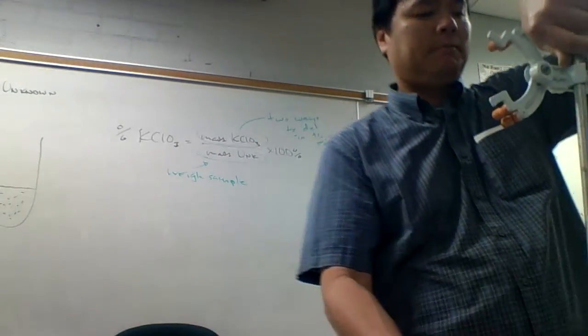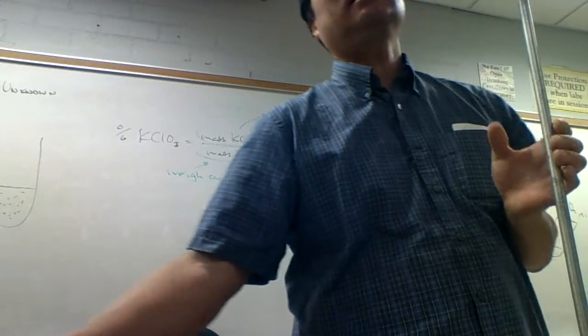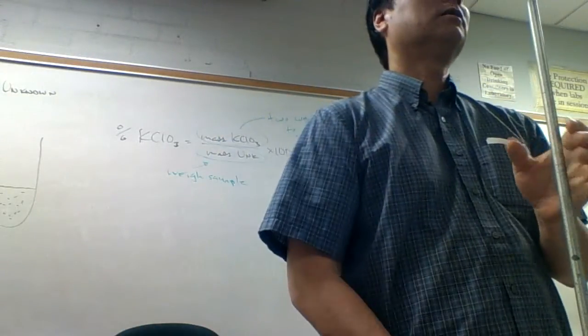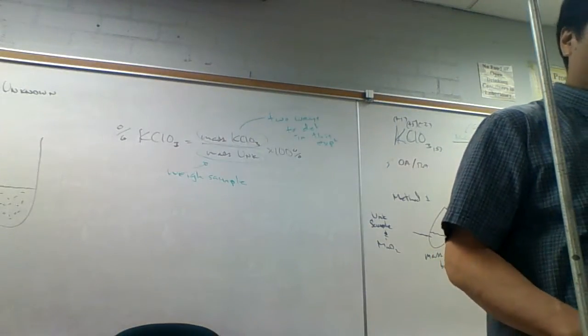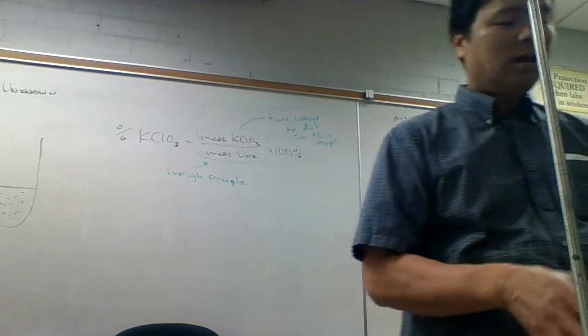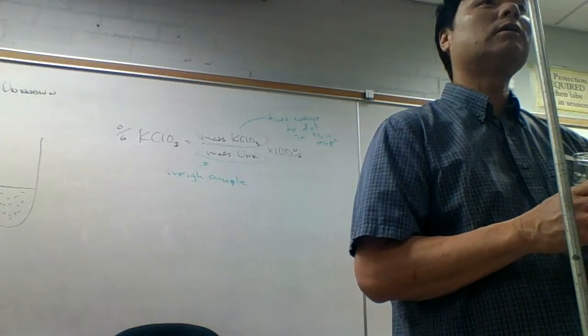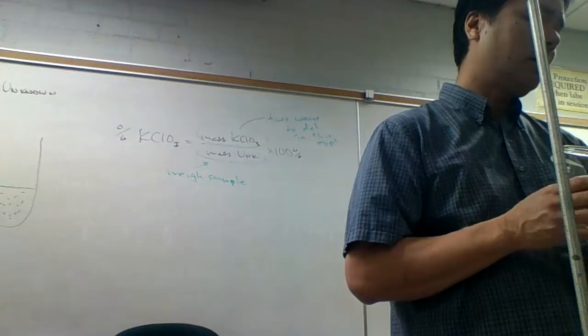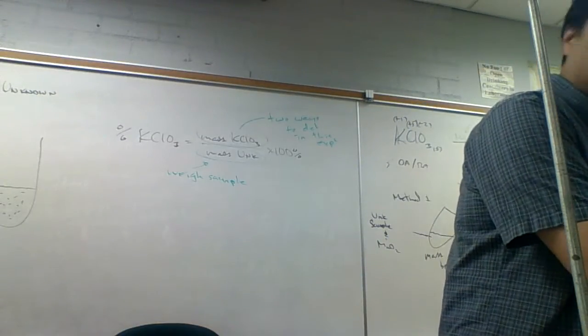If your gas does not dissolve in water, then we can capture it over water, over liquid water, and that's common. And so this is what we're going to do here for our experiment.